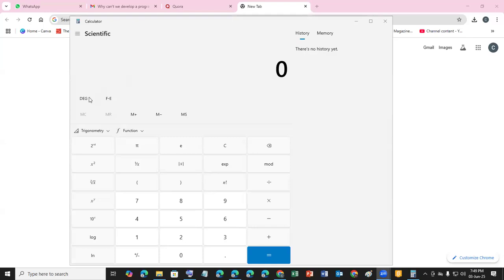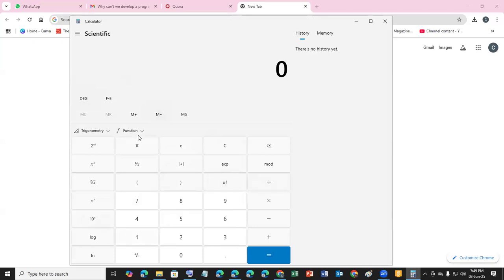Angles can be degree or radians or grad. So you need to find out on your calculator which one is in place whenever you want to find sine, cosine, or tangent. So I'm going to take the mode back to degree.